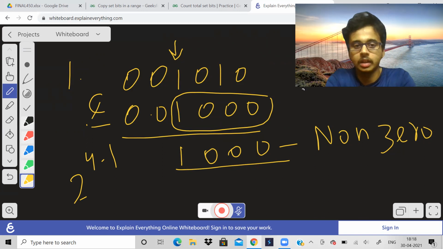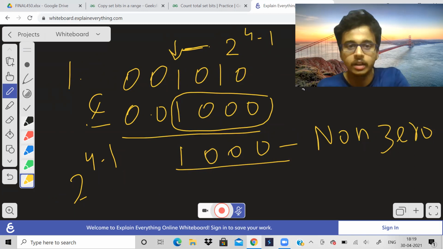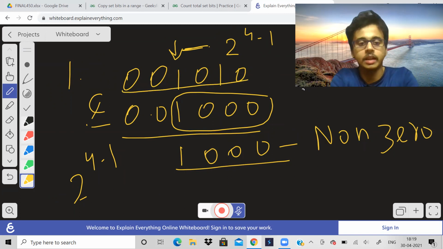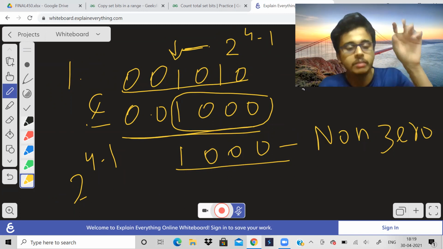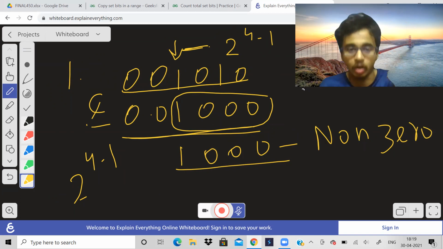So what is the decimal value at this position? At this position, decimal value is 2 power 4 minus 1, right? So we have to do AND operation of what and what? Of the number that we are considering and 2 to the power the position minus 1, the position at which we want to check if a bit is set or not.